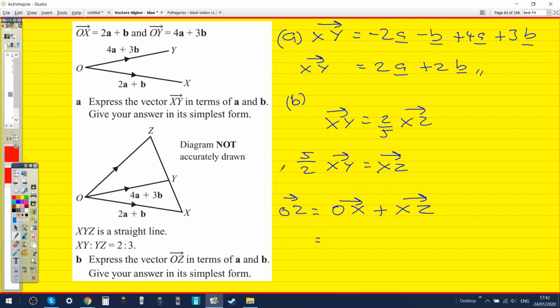Okay. Let's try it. OX being 2A plus B. And XZ being 5 over 2, open brackets 2A plus 2B.